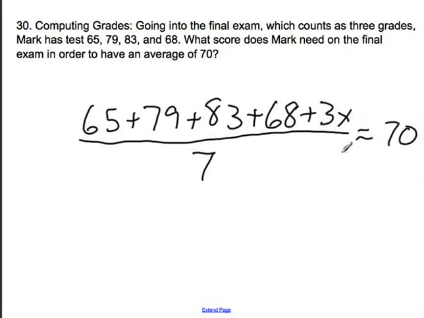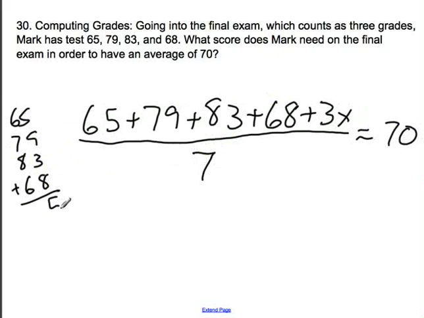So in order to do all of this, we're going to have to combine like terms here. We're going to have to add 65, 79, 83, and 68 together. I like to look at numbers that work well together and make it easy. So 8 and 9, I usually do the biggest ones first. 8 plus 9 is 17, plus 3 is 20, plus 5 is 25.